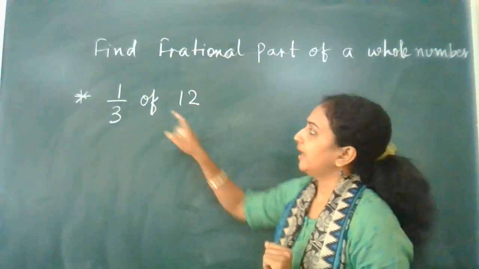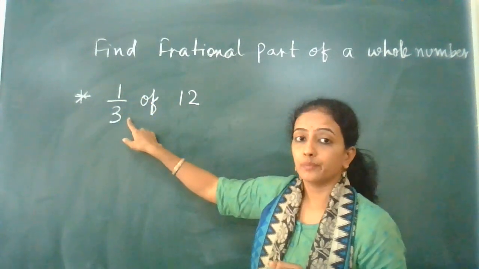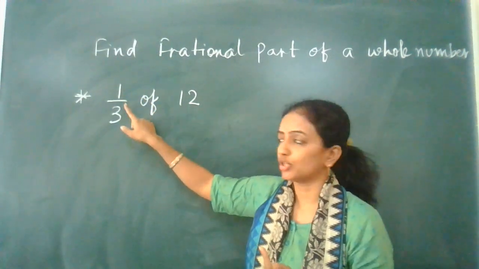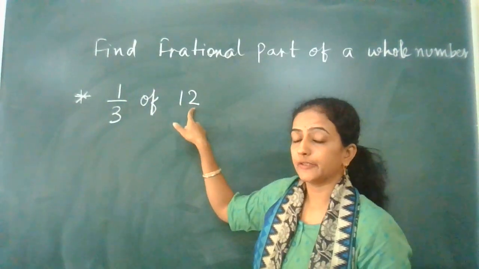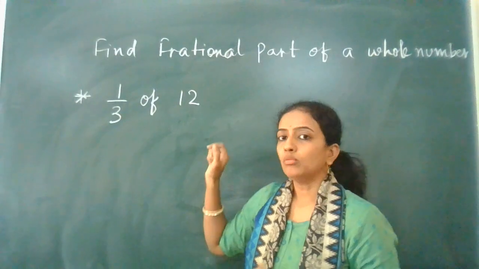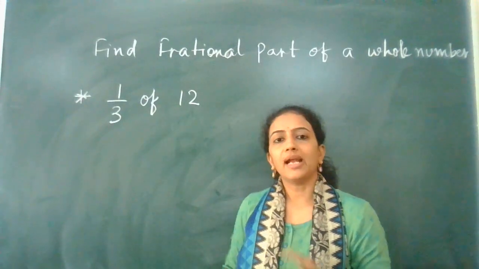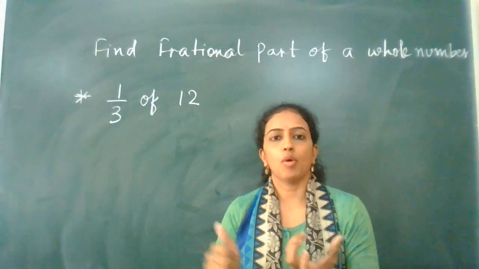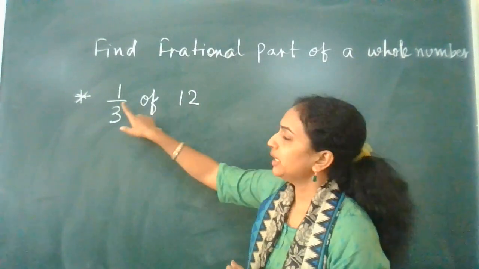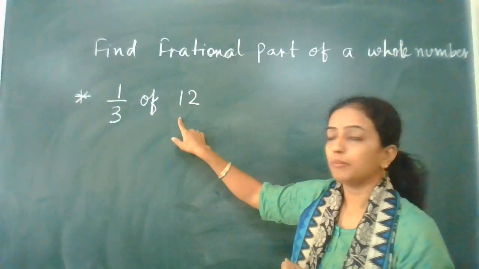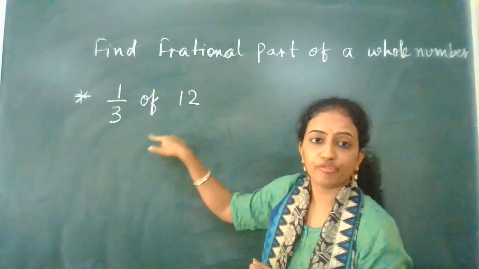Okay, when you say 1/3, we all know how to read the fraction. 1/3 of 12. Okay, now you will say, madam, we'll be doing some operation, but there is no sign. Yes, so between the fraction and the whole number, there is this 'of'.